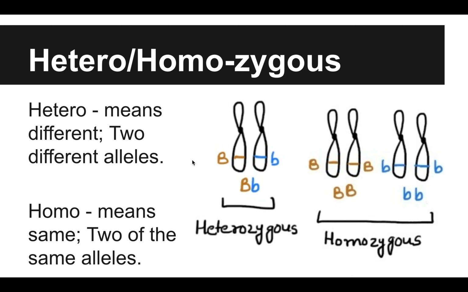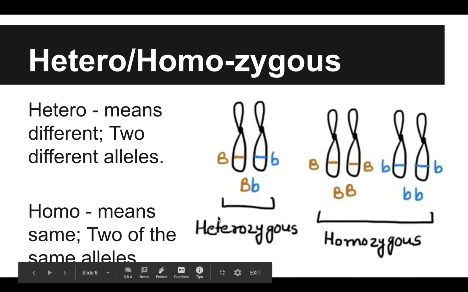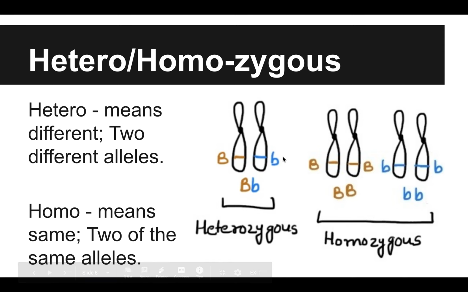If you're heterozygous, you have different genes. You have 1 gene for brown eyes and 1 gene for blue eyes. You have 2 different alleles for whatever gene it is. Okay, the gene is eye color, but you have 1 brown eye allele and 1 blue eye allele.